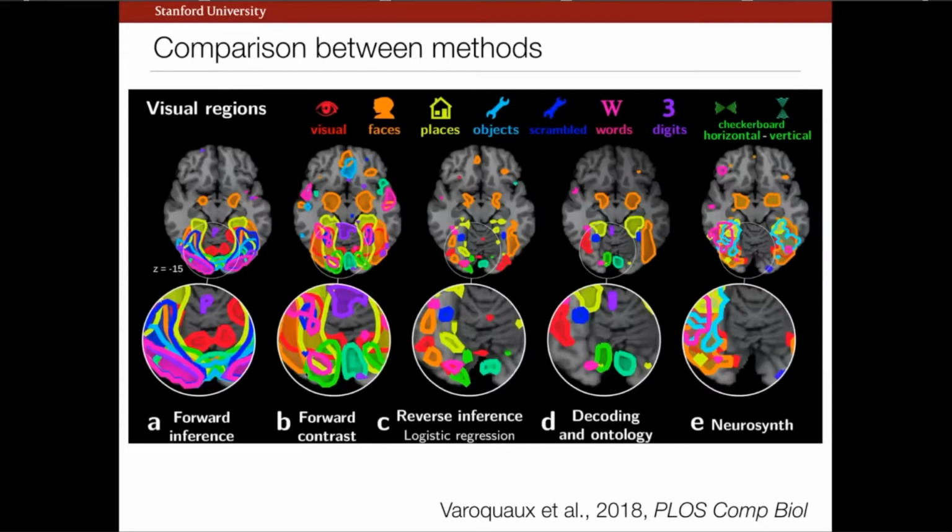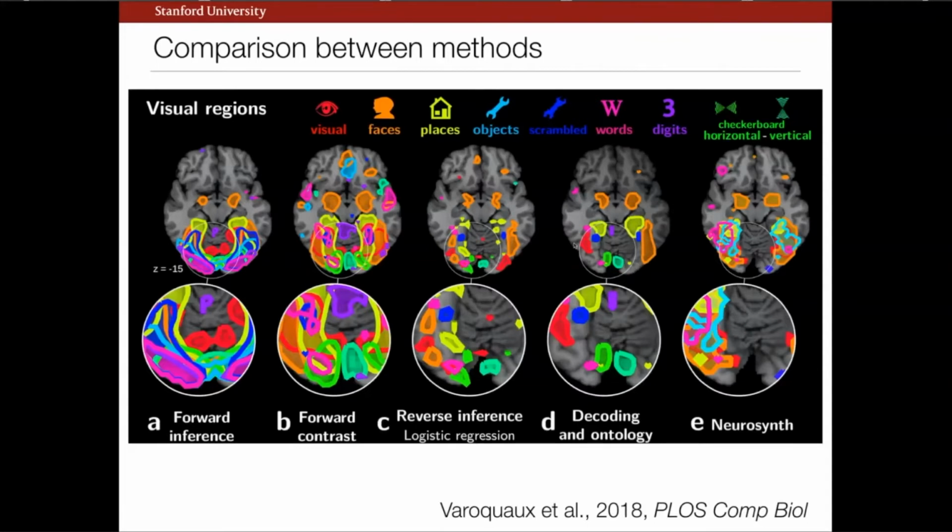And there you see that there's a lot of overlap between the different types of task features. We can also build a classifier in the way that people usually would, using in this case logistic regression to do reverse inference on those different task features. And there you see that you get a much cleaner map, but still fairly piecemeal.